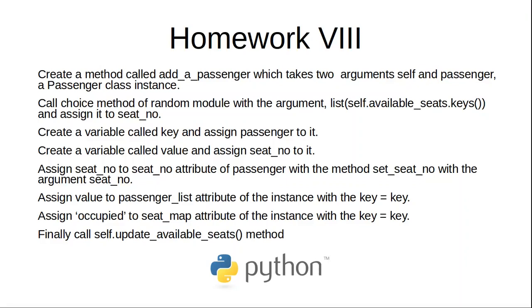Assign value to passenger list attribute of the instance with the key equal to key, and assign occupied to seatMap attribute of the instance with the key equal to key. Finally, call self.updateAvailableSeats method.